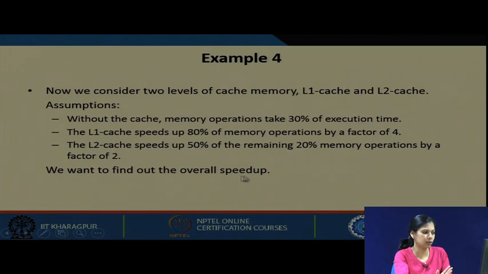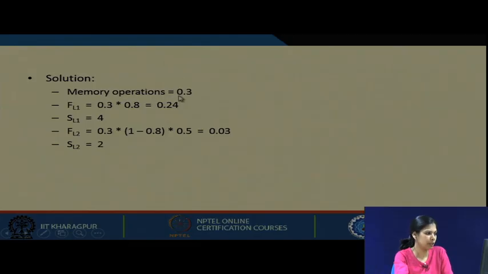We want to find out the overall speedup. Let us see how we can find it. Memory operation is 0.3, that is 30%. So, FL1 will be when L1 is used, 80% of the time out of this 0.3. So, 0.3 into 0.8, that is 0.24 will be FL1, and SL1 is 4, which is already given.